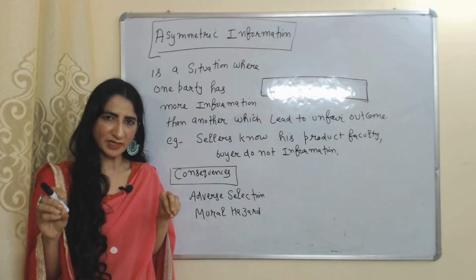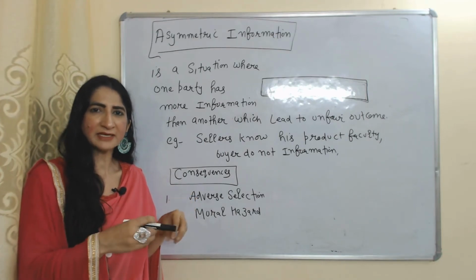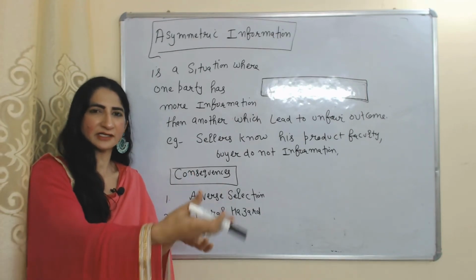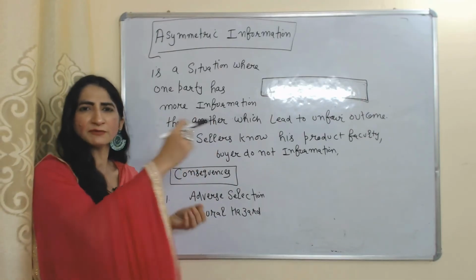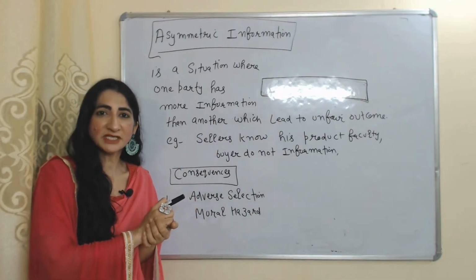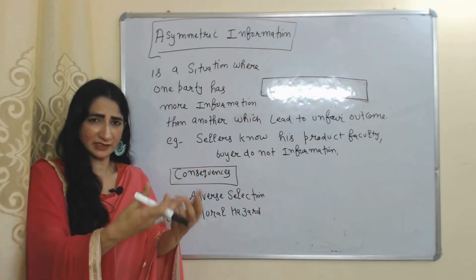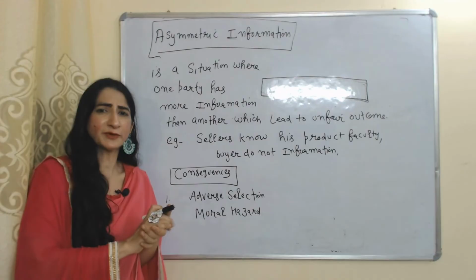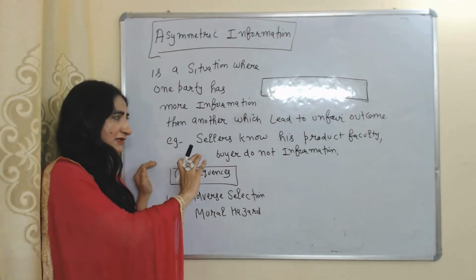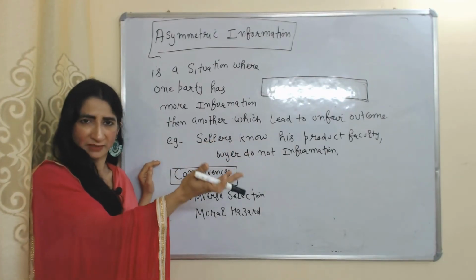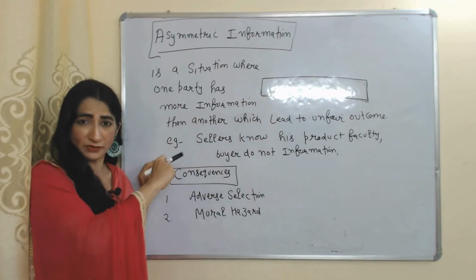Asymmetric information means when one party has more information than another party, which leads to an unfair outcome. For example, the seller knows his product is faulty because the seller knows his product better.